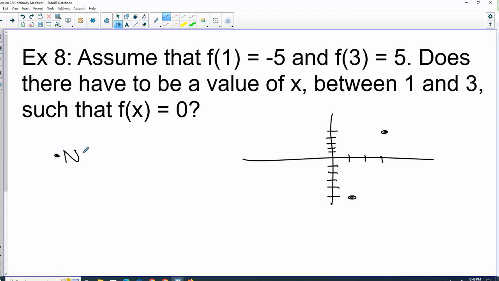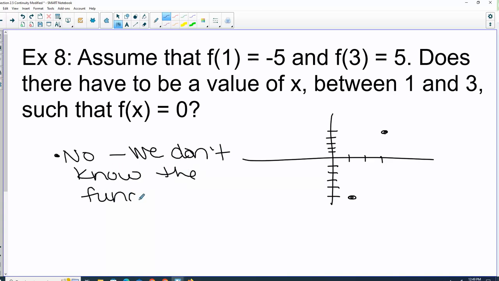Ooh, real tough question. We don't know. We had something like a piecewise, that may not be the case. So it could be, but I didn't give you enough information to know that for sure.